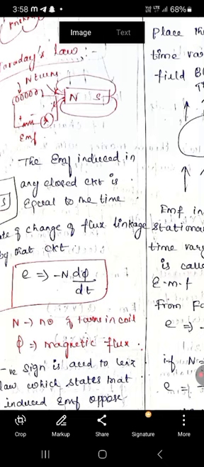How? Here we have a bar magnet placed close to the coil, right? If we move the bar magnet towards the coil, it experiences the magnetic flux as a high value, and it flows towards the nearby coil.